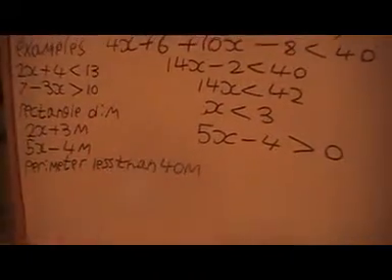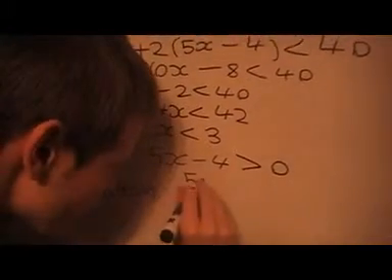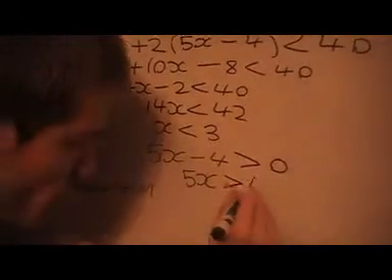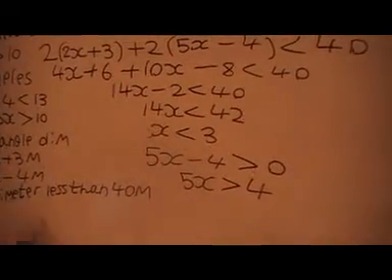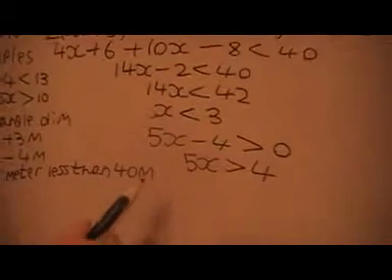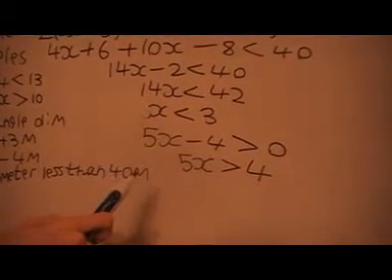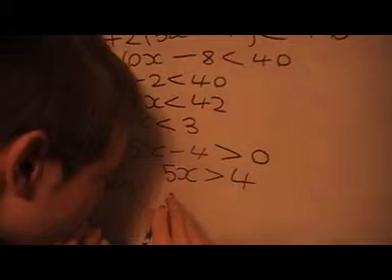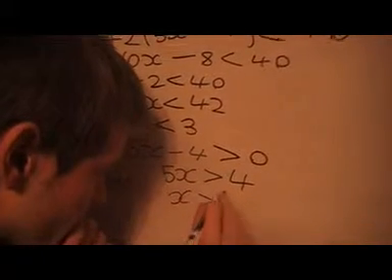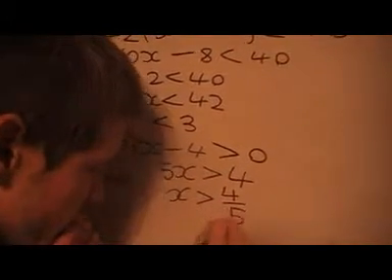So let's have a look at that. So we can solve that. I get 5x is greater than 4. And then I divide both sides here by 5, and I get x is greater than 4/5.